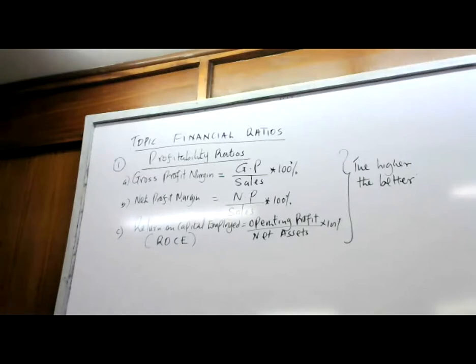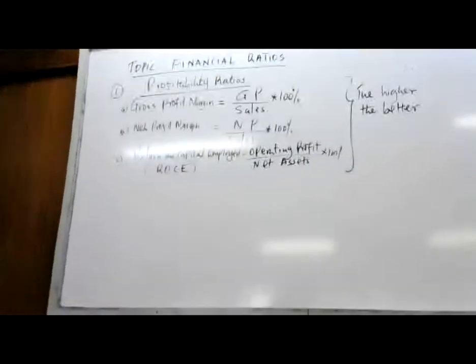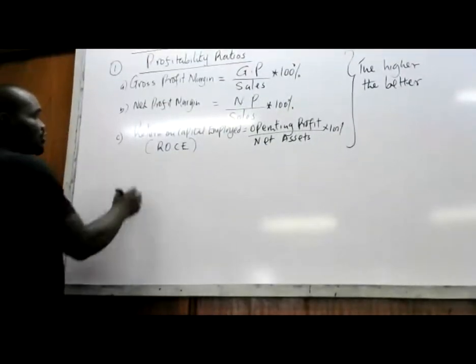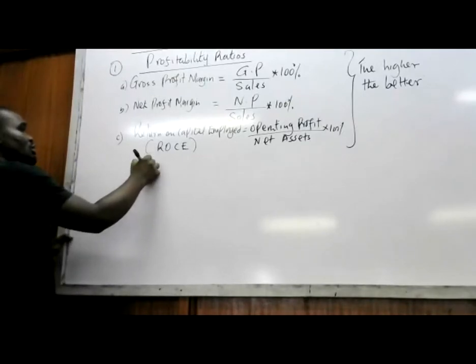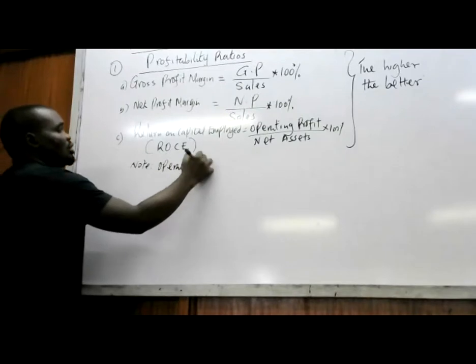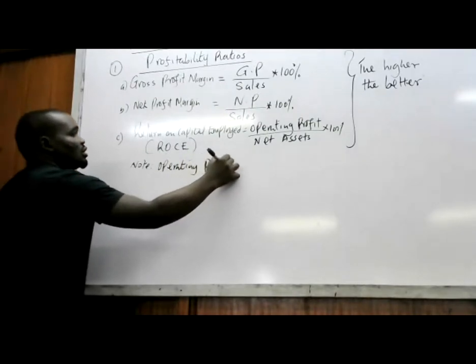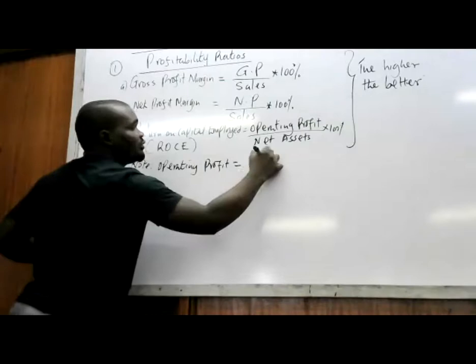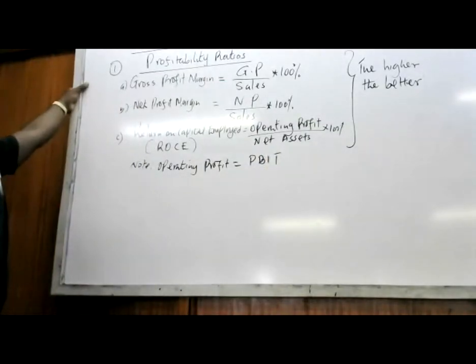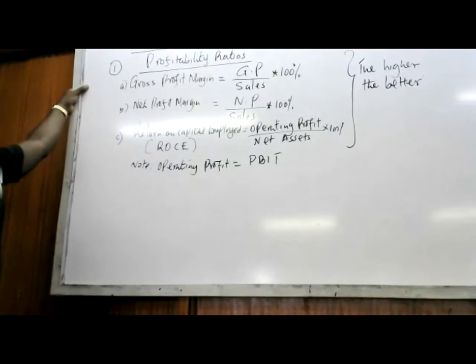All right, so that is it. Before we go to number 2, note: operating profit is equal to profit before interest and tax, PBIT.